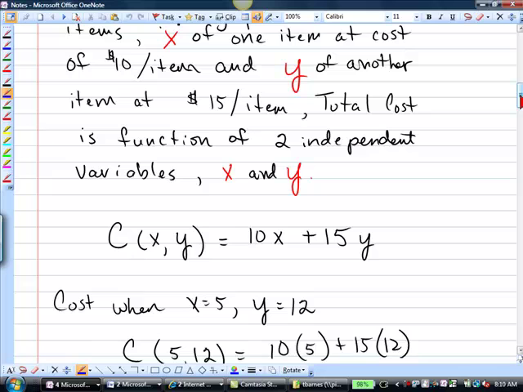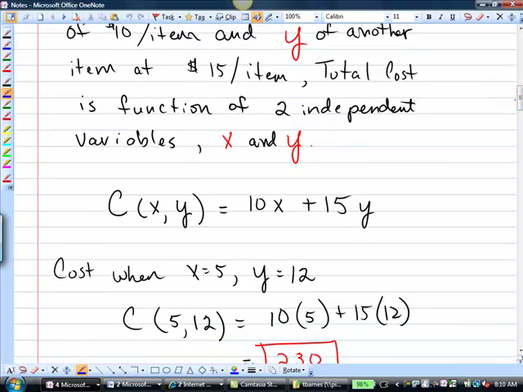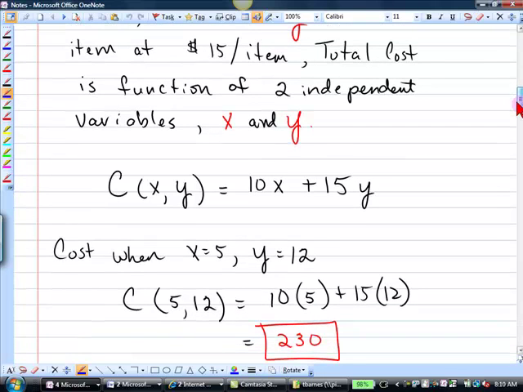So that is a question saying, what is C of 5 and 12? Just like when we said with one independent variable, C of 5 meant to plug 5 in. So C of 5 comma 12 means you plug in 5 for x and 12 for y. Do the operation, and you should get that the total cost was $230.